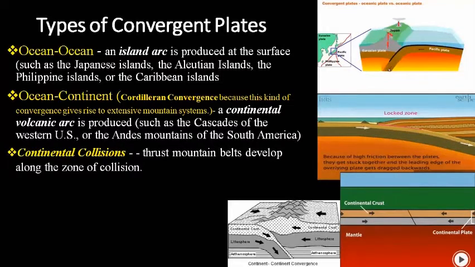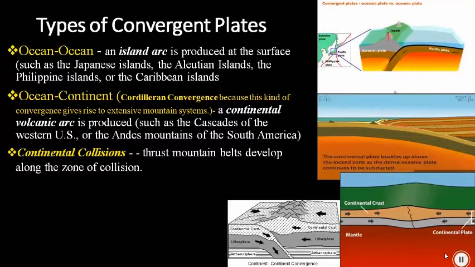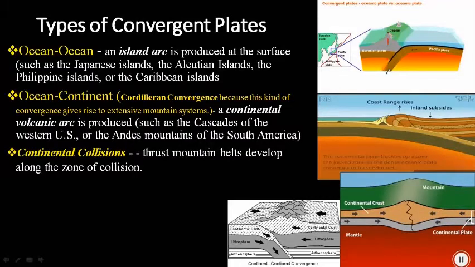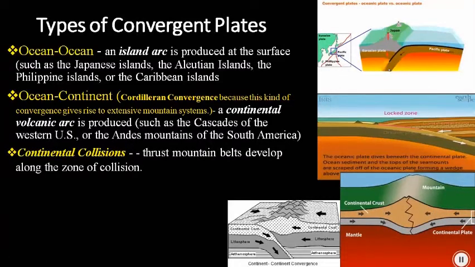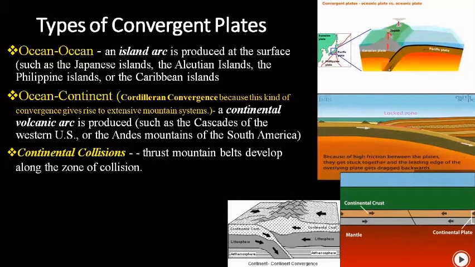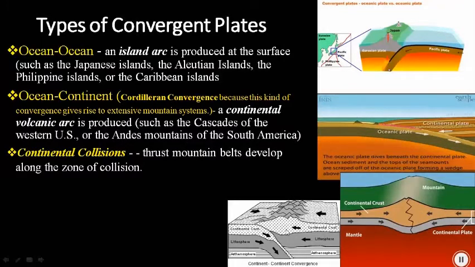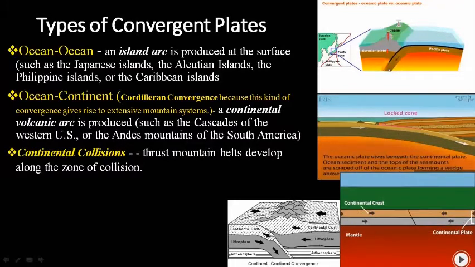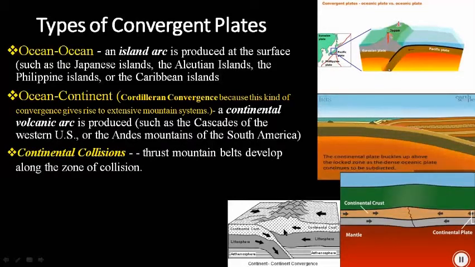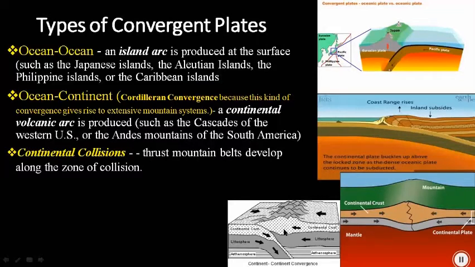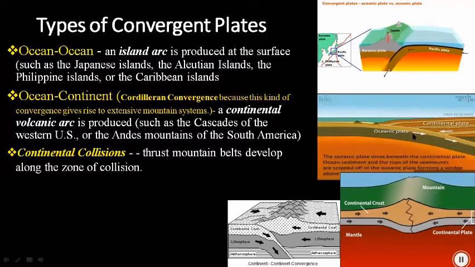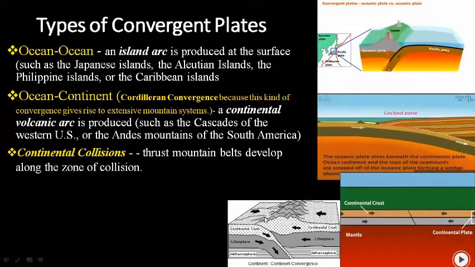Because they are less dense, in both cases neither of the plates subducts or goes down. Or even if they do go down, the subduction zone won't be deeper than 40 to 50 kilometers.